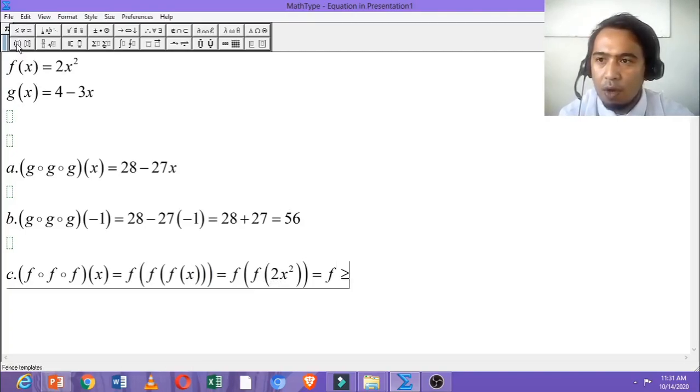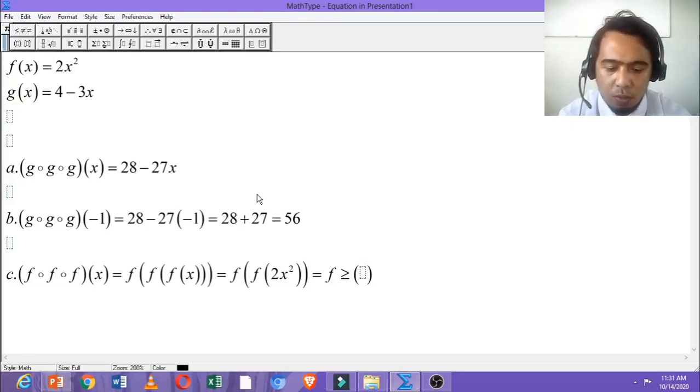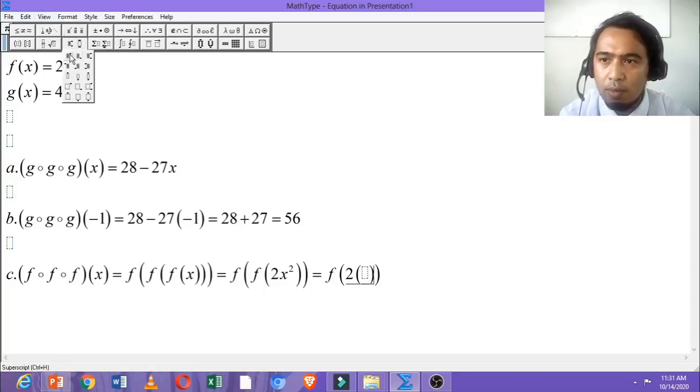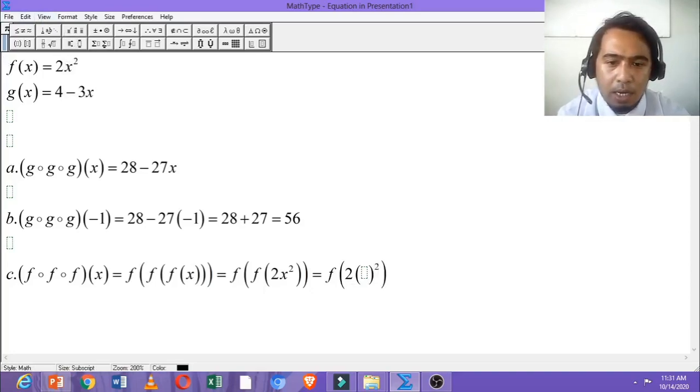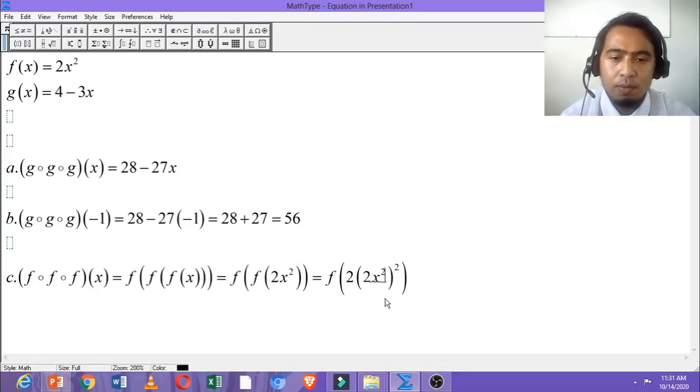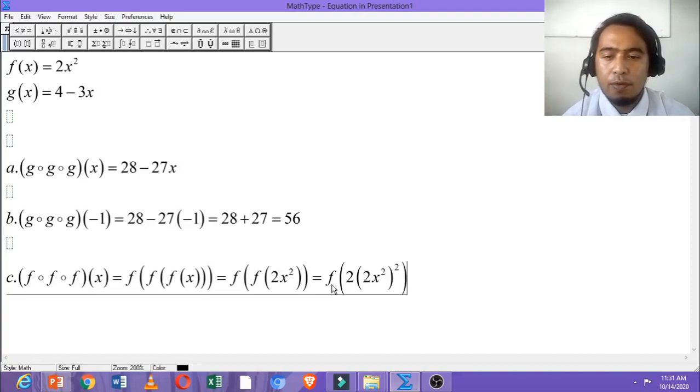Since we all know that f is 2 times the input squared, but this time the input is 2x squared, it means you will have to write 2 times (2x squared) squared here. Then before you perform the last part, you need to simplify it first.